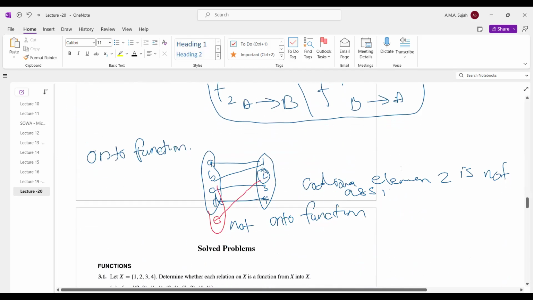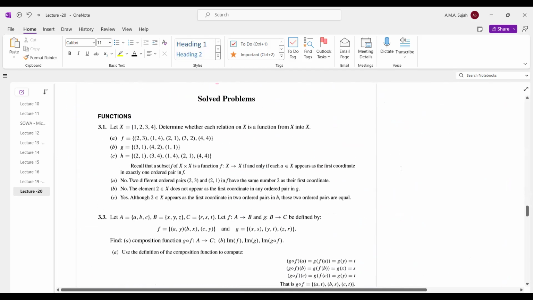Okay. Now I will show you how to do some questions, then we will move to the next topic, relations, right? Just listen carefully. I will explain 3 to 4 questions. The first question they are telling you, X is a set with elements 1, 2, 3, 4.